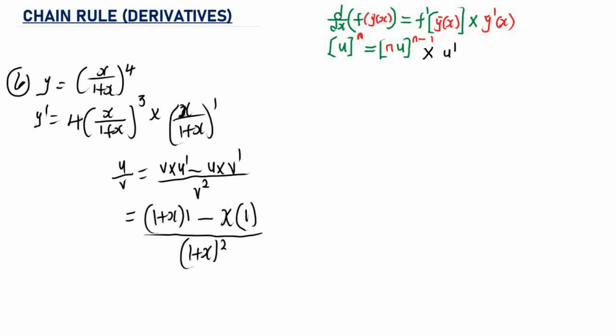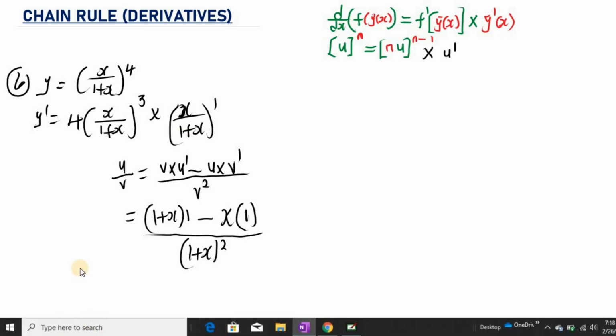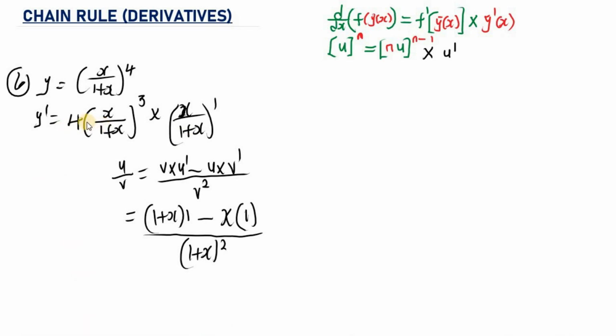So if we evaluate 4 multiplied by s over 1 plus s, then all raised to the power of 3, this is basically 4s cubed, then divided by 1 plus s cubed.